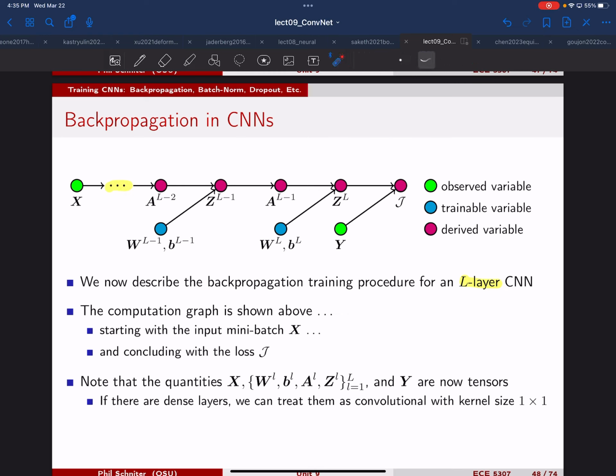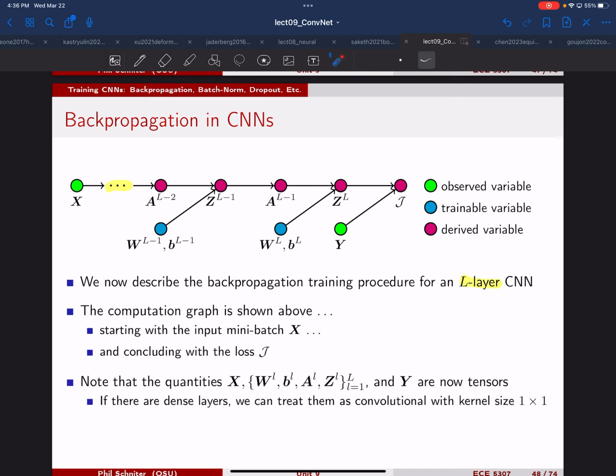So anyway, for any given Z, which we can think of as the linear outputs of a linear layer, you have the activations going into it, and then you also need to know the weights and biases for that layer, and together those things determine your scores Z. Those scores will go through an activation. Those activations will be used for the next layer, and so on and so on.